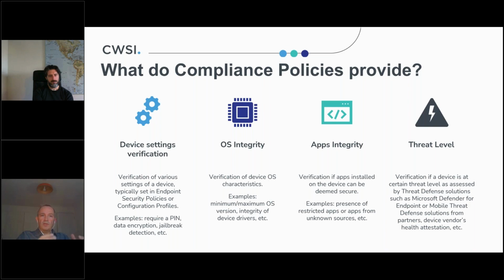So if you're deploying Microsoft Defender to the device, and that's interrogating the device and the applications that are on there, and it reports back that there's a risk on the device, then you can apply different compliance policies based upon that risk level that's reported back.